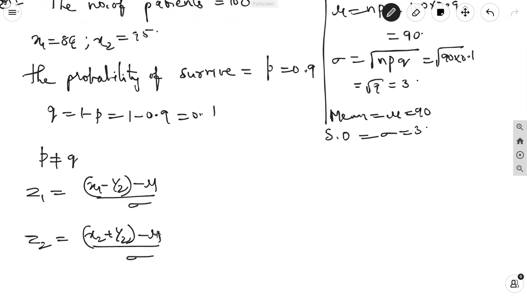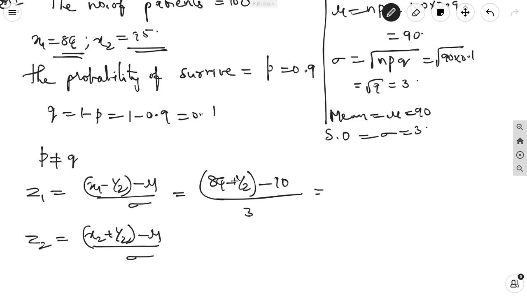These are using the normal approximation to the binomial curve. Here x1 is 84 and x2 is 95. So z1 is equal to (84 minus 1/2 minus 90) by sigma, which is 3.